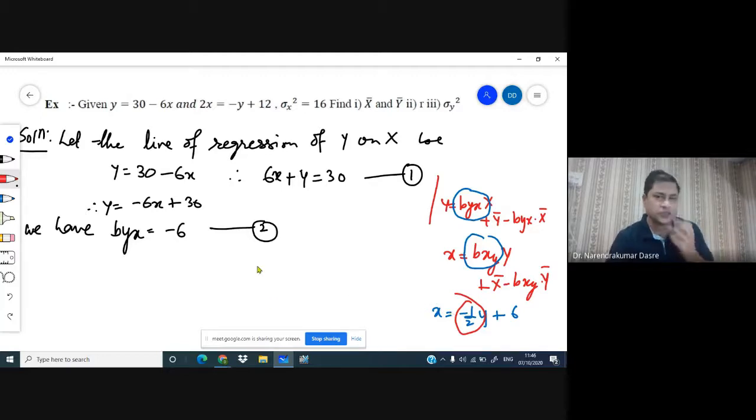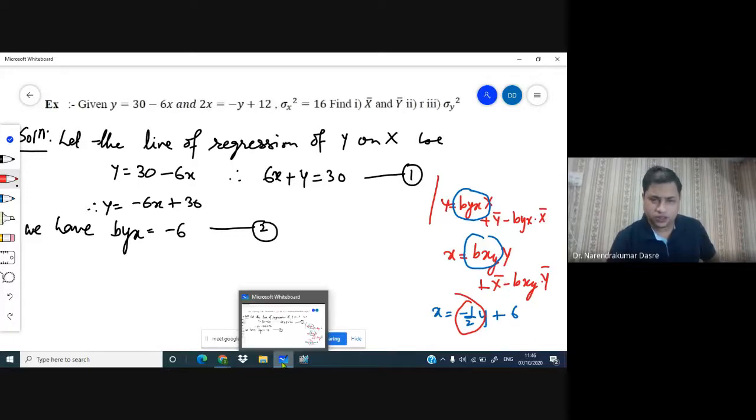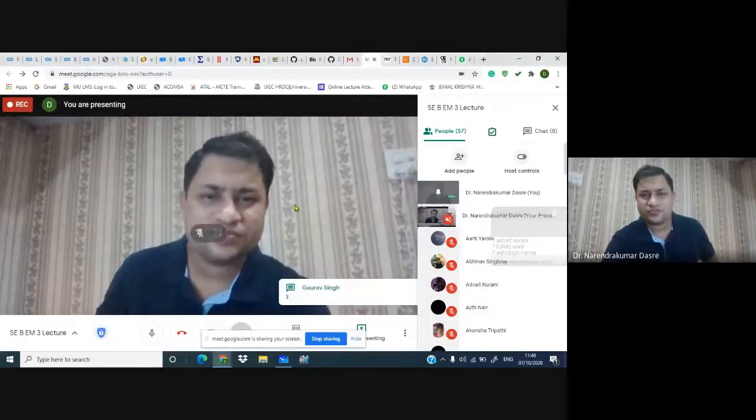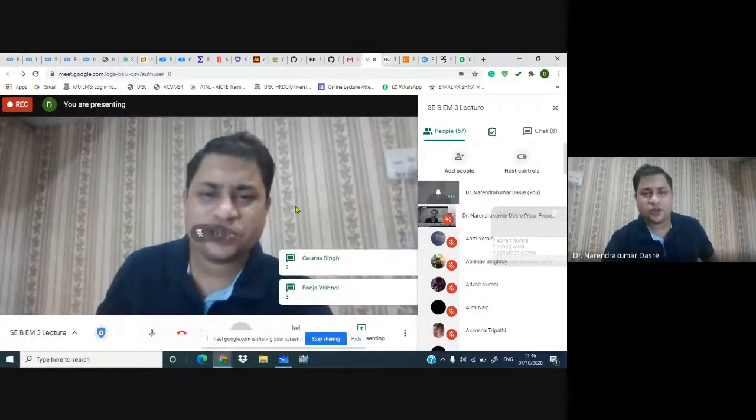So if this is the slope of the line of y on x, and this is the slope for the other line, then what will be the product of these two slopes? 3. Okay, is it good?